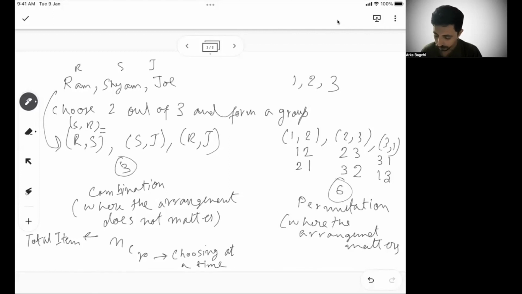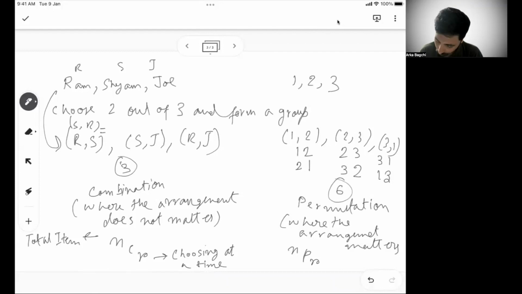So in this case, it will be 3C2, and how to calculate that, I'll give you. But understand that NCR is the notation of combination, and NPR is the notation of permutation. Again, N is the total items and R is the number of items you choose at a time. So in this case, it is 3C2 and 3P2.